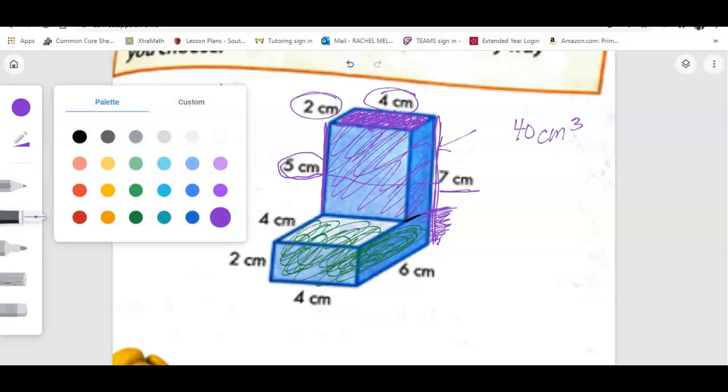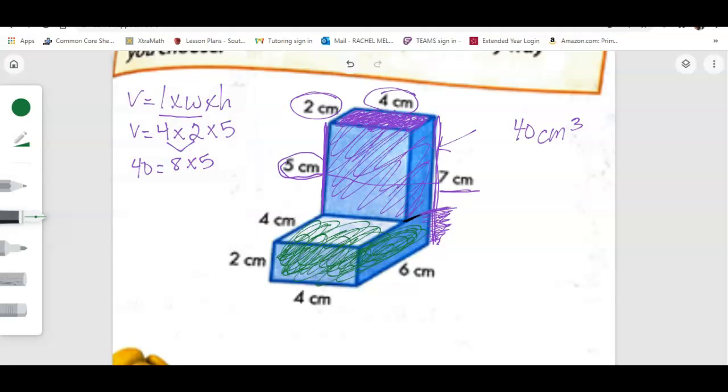Now let's do the green shape. Again, let's focus on this base shape right here, and do the length and the width. Well, that would actually be the length and the height, but let's focus on that. Volume equals length times width times height. I see the length is right here, 4. This 2 is actually my height.